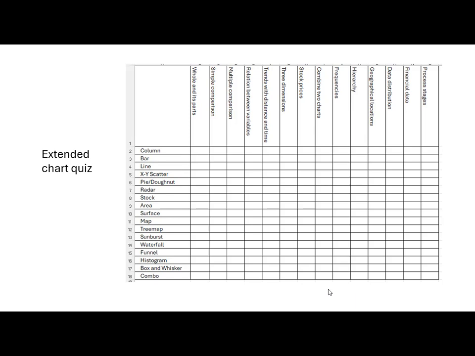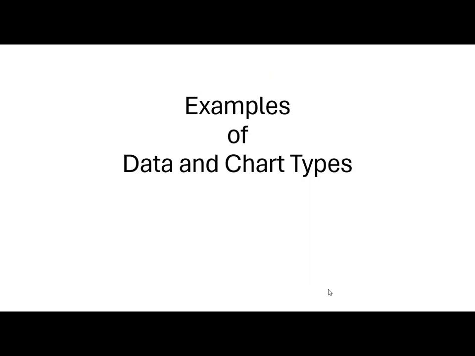We put the types of data in the first row and the types of charts in the first column, and the quiz is to click the intersection of the corresponding types of charts and data.